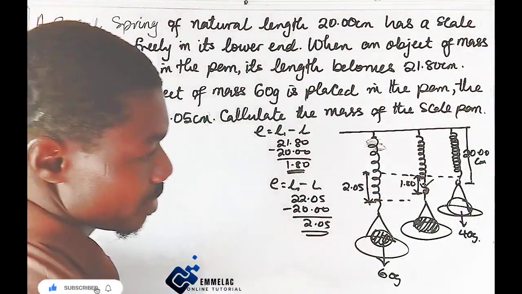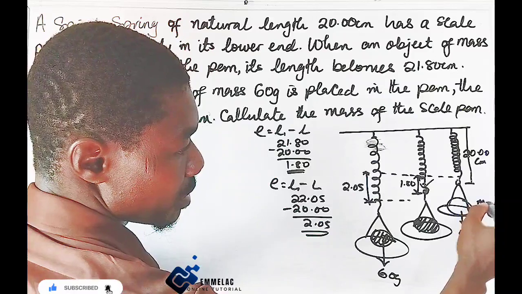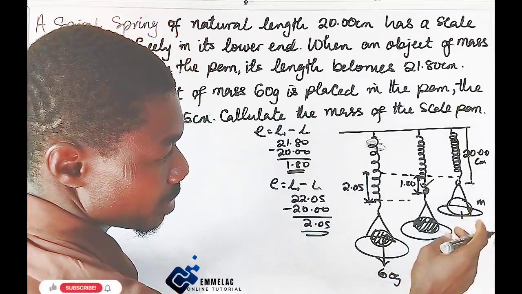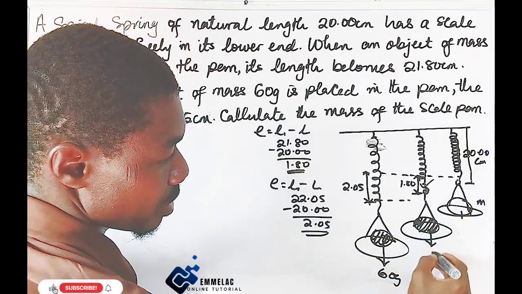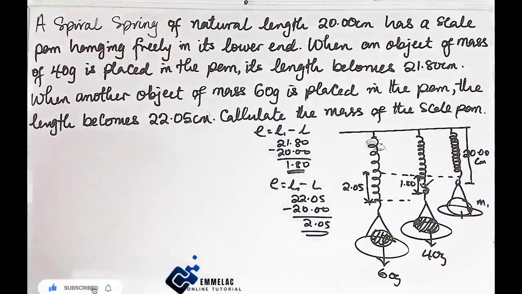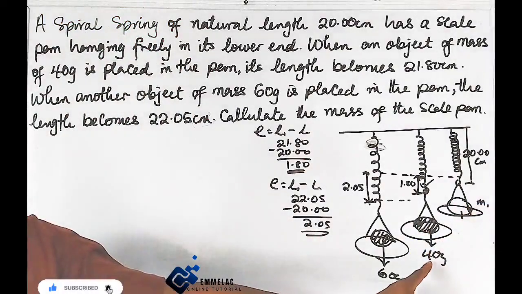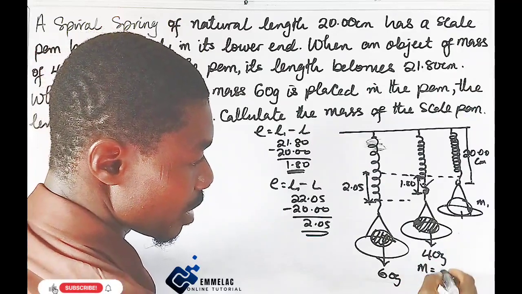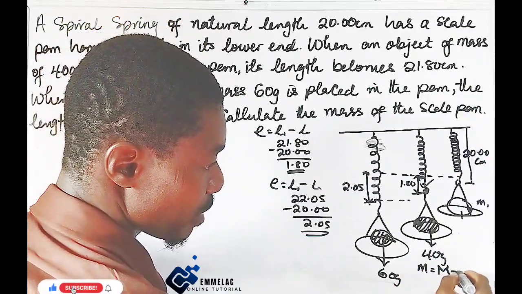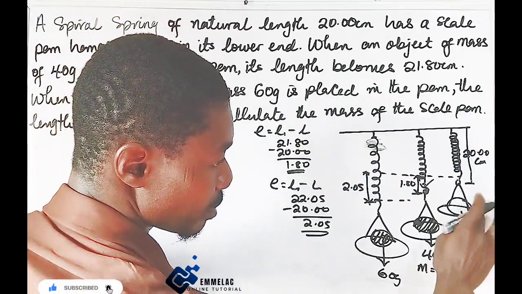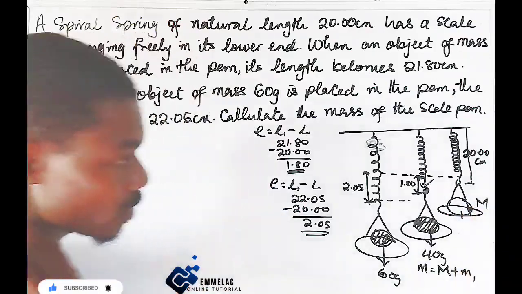Now from here, let's assume that without the mass, we have this M. Now with this mass, there's an increase. Let us represent M as the mass of the pan.